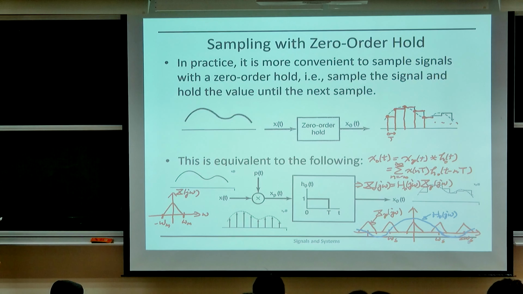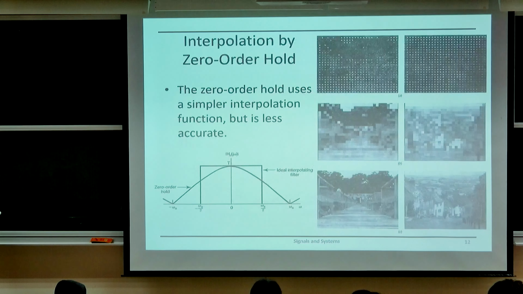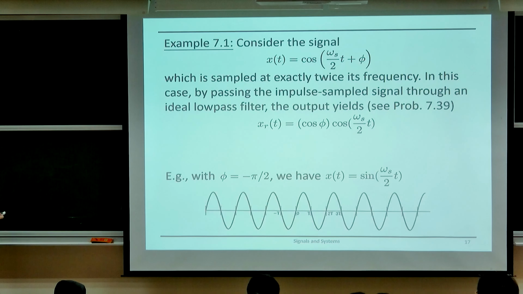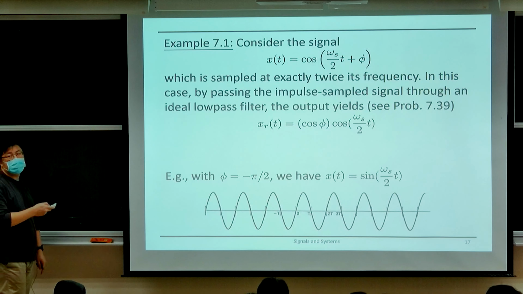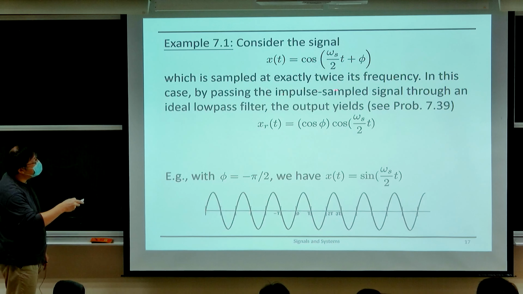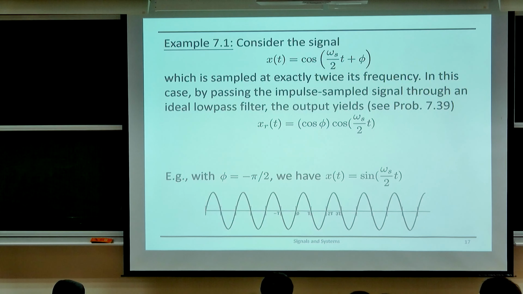For most cases, it probably does not have much of an effect, but in certain cases, it could cause some trouble. And this is an example of when you may see trouble by sampling at exactly twice its frequency.